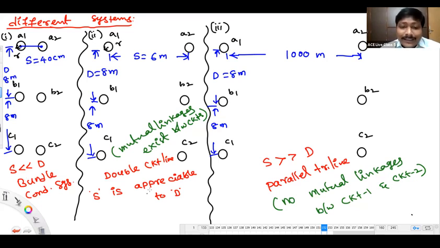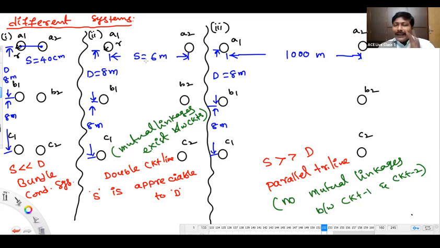But here, SC is an appreciable number with respect to D. In this case, you can't write it simply as the cube root of 8 into 8 into 16. Here, the S value must be taken care of in the GMD calculation. We should appreciate the distance between the circuits.